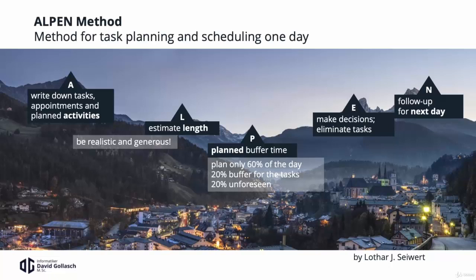Firstly, there's phase A, where we write down all the tasks, appointments, and activities that we think should be done today. So you have your to-do list, or all the active projects, open in front of you, and you say, okay, I have to do this and this and that for today, and you select them in this first phase.